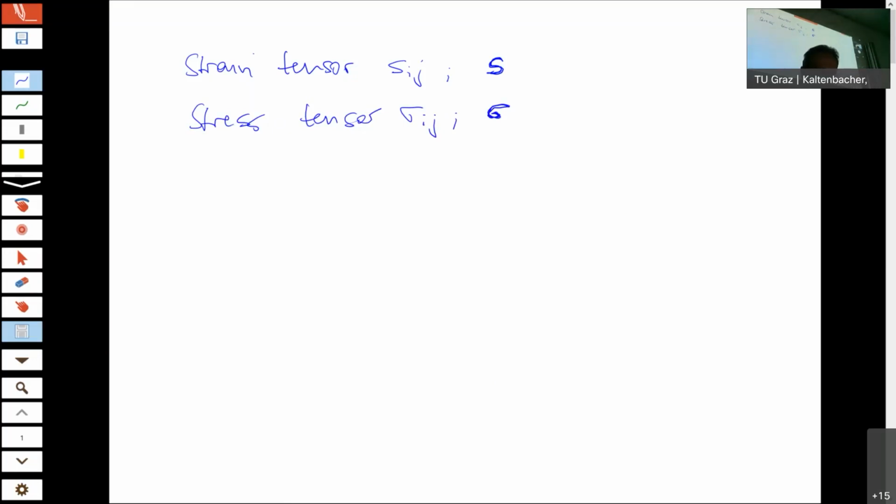We can also rewrite this with the Voigt notation.